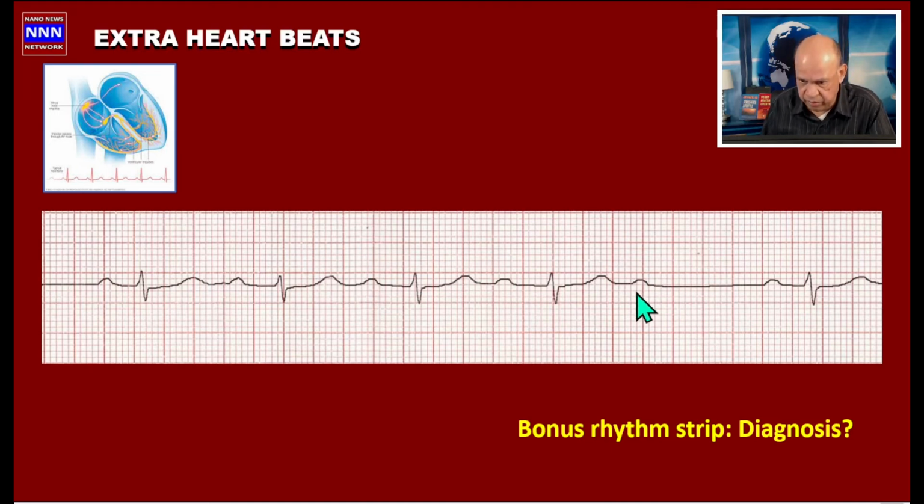Is this a blocked PAC? If it is blocked, it has to be premature. That means you measure the PP intervals. If they are constant, then you are dealing with a Wenkebach. Is this type 2? No, because you got a progressive prolongation of the PR interval, which suggests this is the Mobitz type 1 Wenkebach type block.